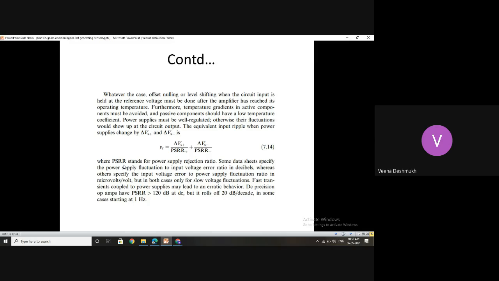If the specifications are not matching with your requirement, then you can always go for another power supply so that your readings, whatever you take, are correct and the DC precision is maintained. Due to PSRR, the DC precision should not vary.